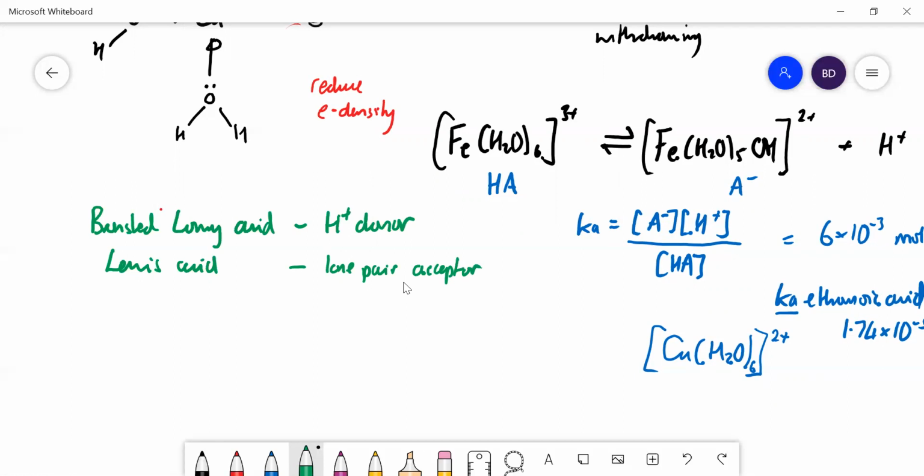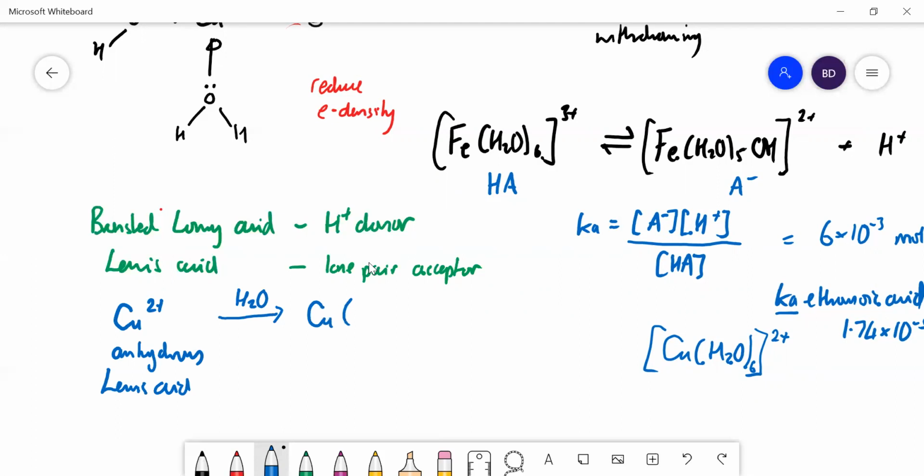If we think about an anhydrous copper 2+ ion, that is a Lewis acid because, of course, if you add water to it, what happens? It accepts several lone pairs to form the complex ion. So that's a Lewis acid, and once you've got this and added water to it, it can give away protons, so this is now a Bronsted-Lowry acid.